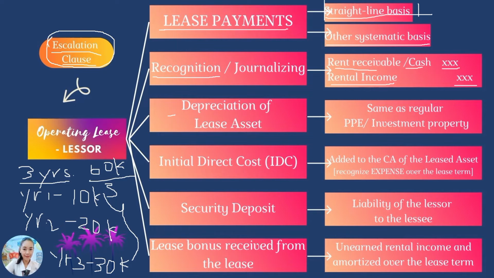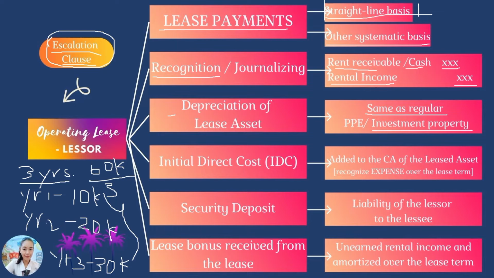It is stated in the depreciation policy that the depreciation shall be consistent with the lessor's normal depreciation for a similar asset. So the lessor's depreciation is the same as for regular PPE and investment property, though it matters which model is used. Okay?